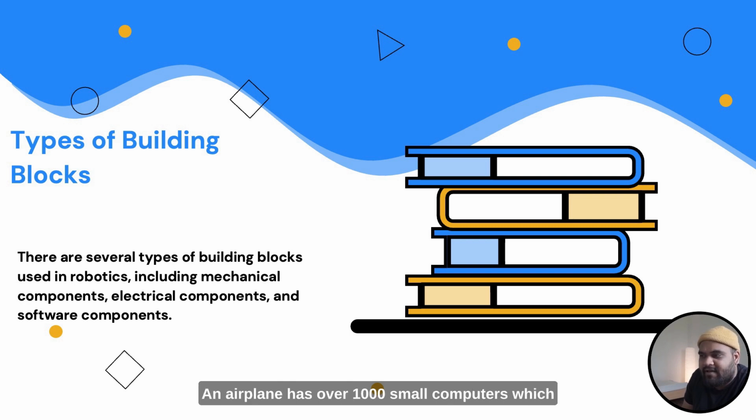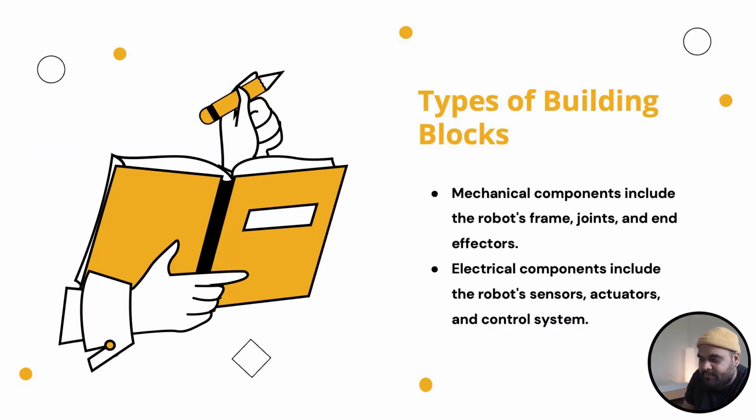An airplane has over 1,000 small computers which are analyzing all the performance data and figuring out if everything is happening right or not. When you depend on such a high number of controllers, you need to make sure that everything is working well and at a very good rate as well. That's what makes these components and complex machines, and robots, extremely complex as well.